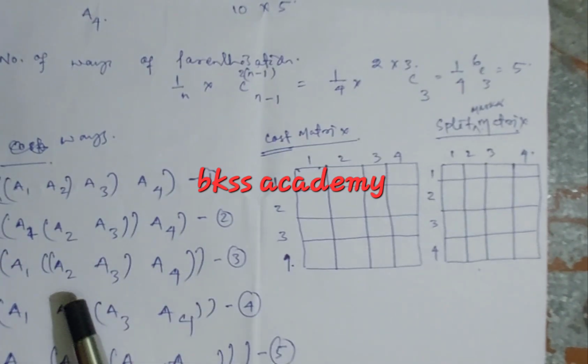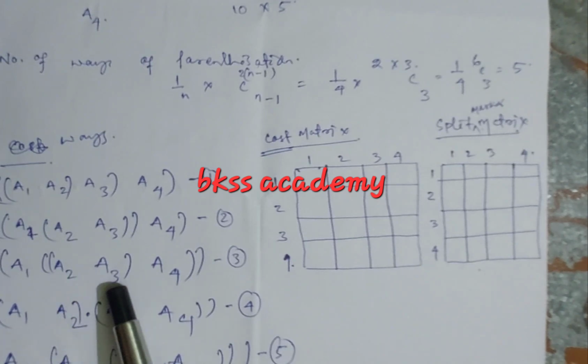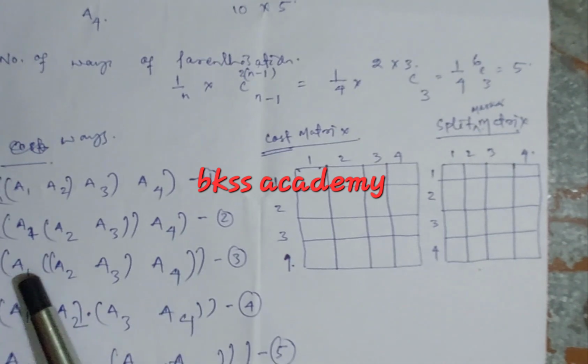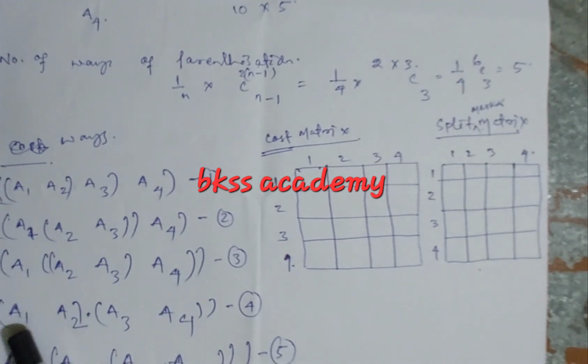Similarly, A2, A3 will be multiplied, its result will be multiplied with A4, then with A1. Similarly, A1, A2 will be multiplied and A3, A4 will be multiplied, and both results will be multiplied. Then A3, A4 will be multiplied, its result will be multiplied with A2, and its result with A1.